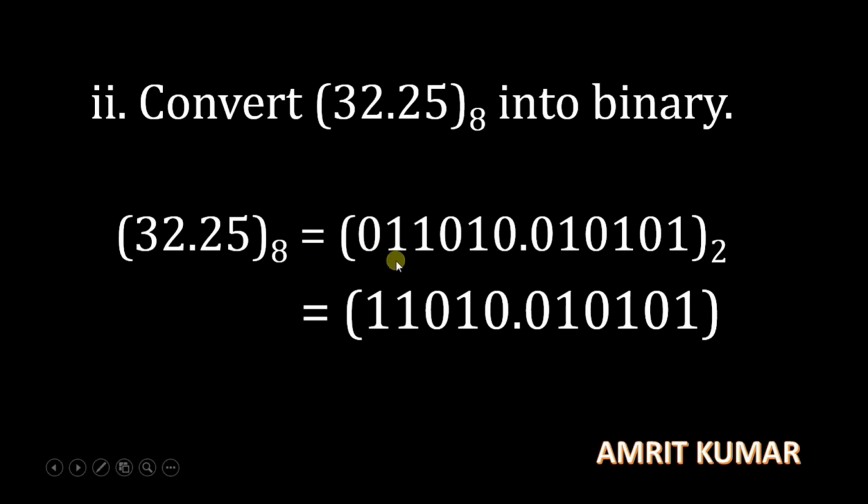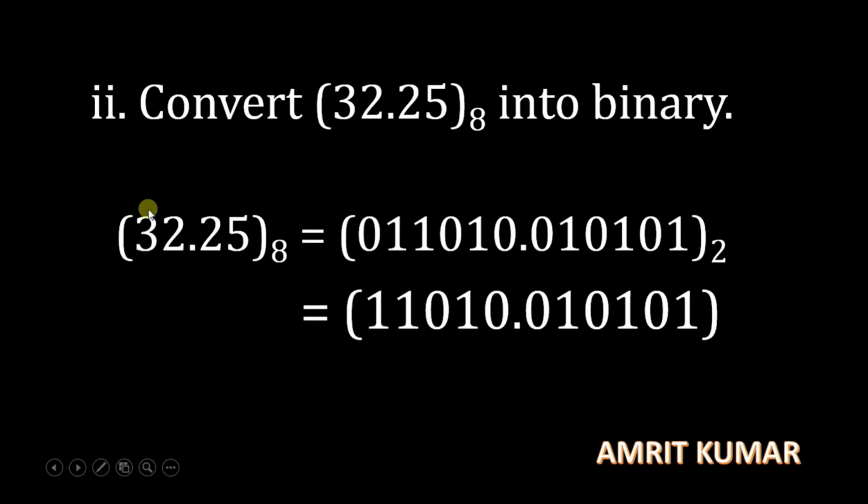So 2 power 0, 2 power 1, 2 power 2. 2 power 0 multiplied by 1 is 1. 2 power 1 multiplied by 1 is 2. Overall, if we add all these terms, that is equal to 3.